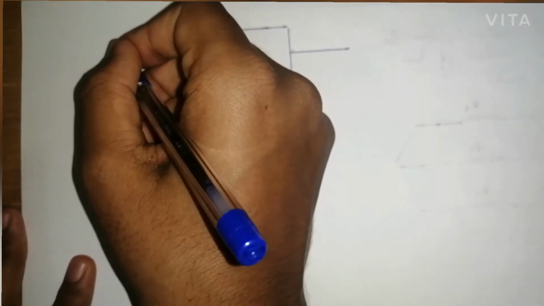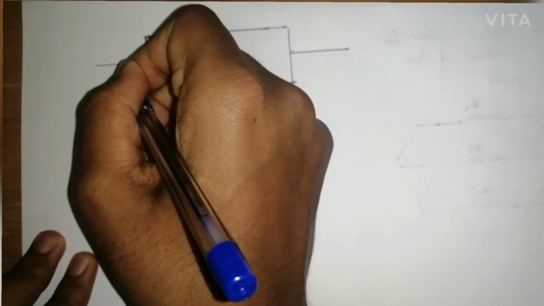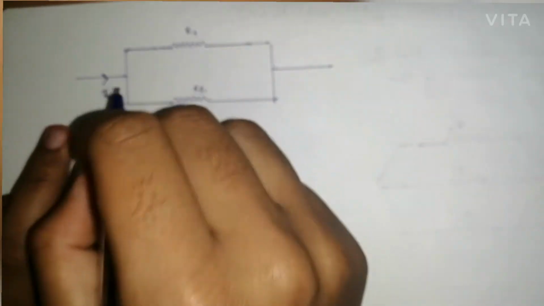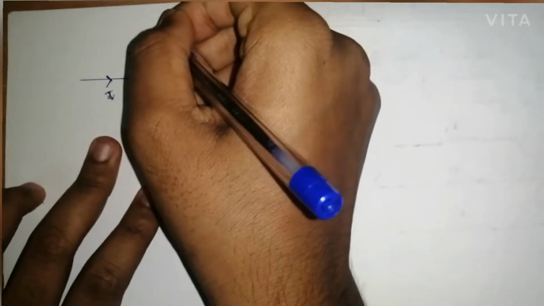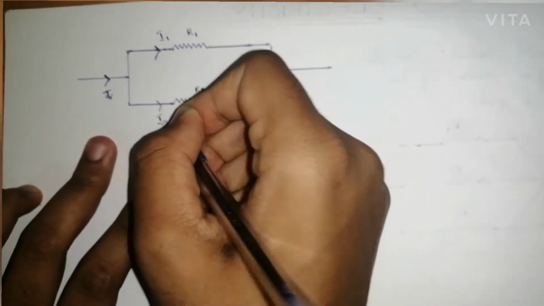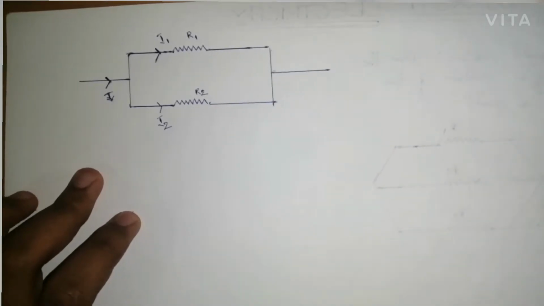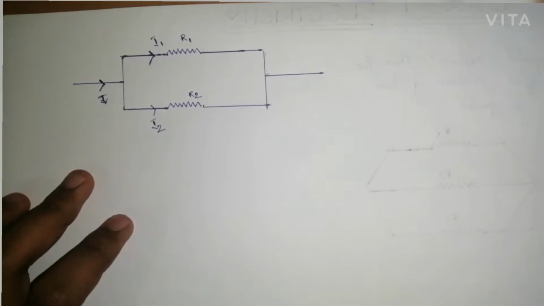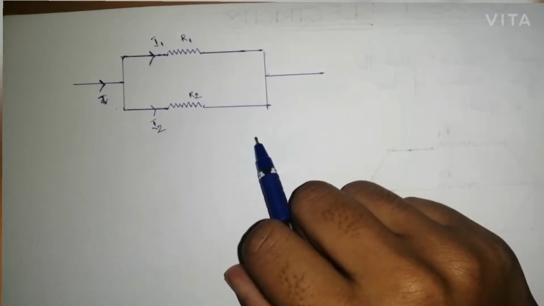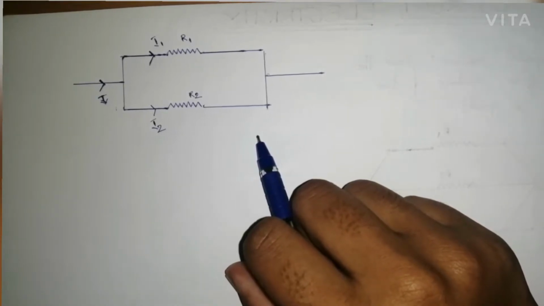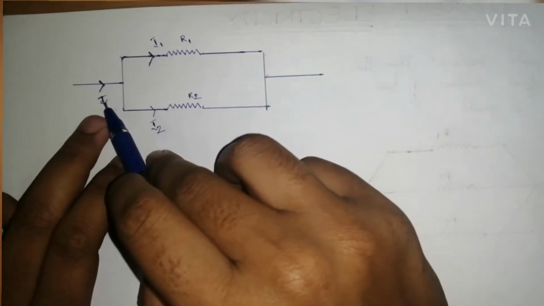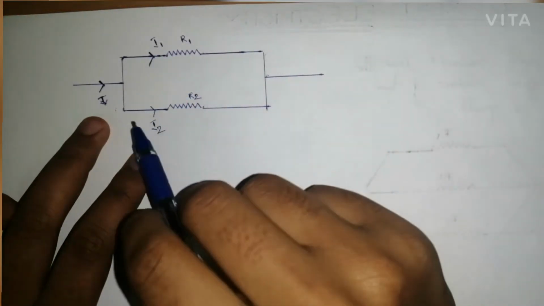So when your current I flows through here, it splits up as I1 and I2. As I told you, in series always the current I is the same. Please remember this point. I have seen many students making mistakes in this point only. If you make a mistake here, your whole derivation is gone. So in parallel, always the current I is split up into I1 and I2.